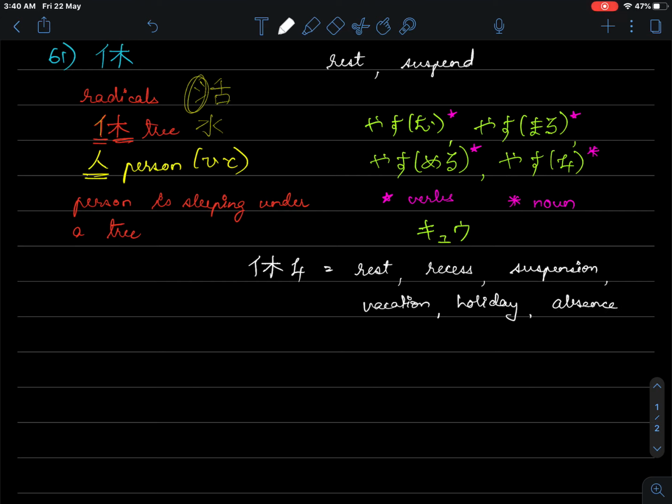So you can even refer to any leaves that you take, any paid leaves or any other leaves that you take, that can also be referred to as yasumi. Let's move on to the next word.